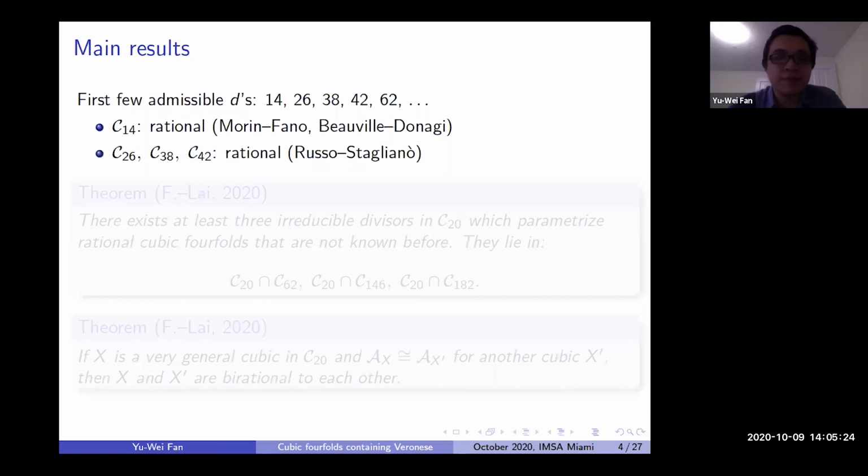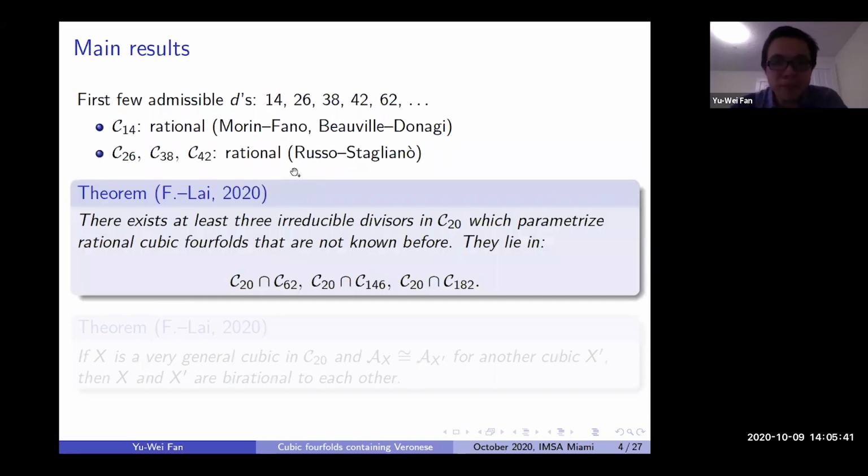The first few admissible discriminants are 14, 26, 38, 42, and so on. In the first four cases, it's known that they parameterize rational cubic fourfolds.